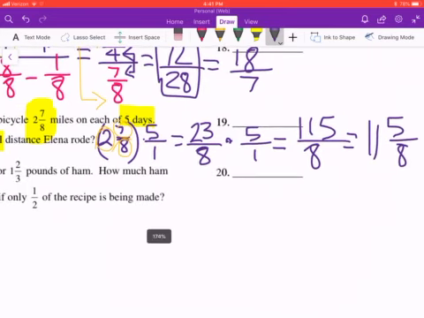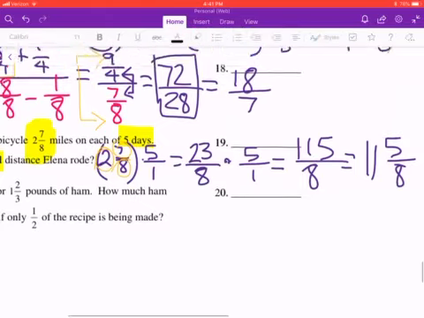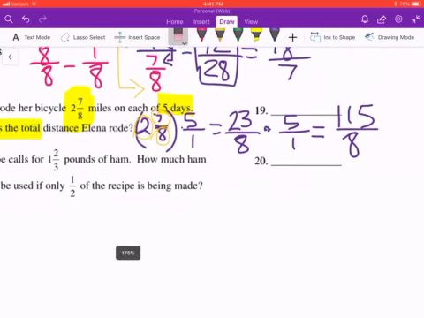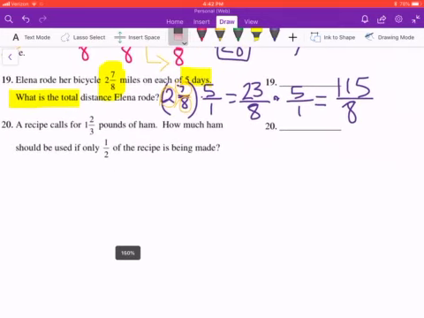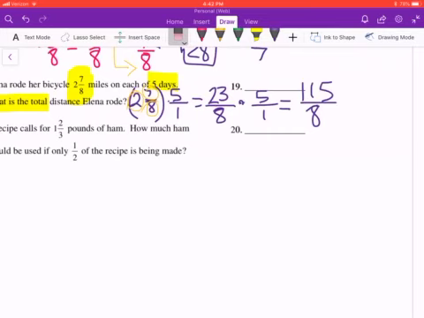This does not seem like it is correct. So let's just leave it as improper. Okay, in fact, it's not 11.